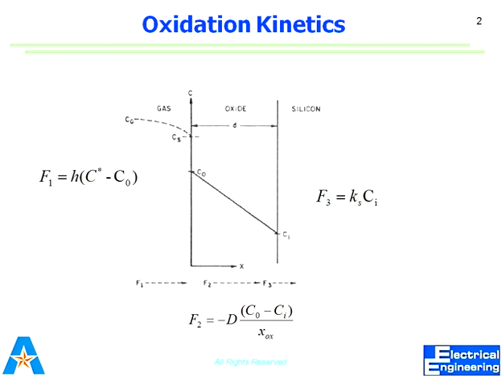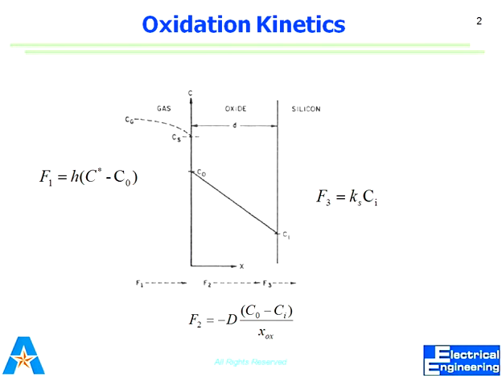The second part, the same oxidant, that is oxygen here, or it may be the water molecule, is diffused through the silicon dioxide to reach the silicon surface where it can react. This is the second flux, named F2. The third flux is that at the silicon surface there is a chemical reaction between the oxygen and the silicon to make silicon dioxide.